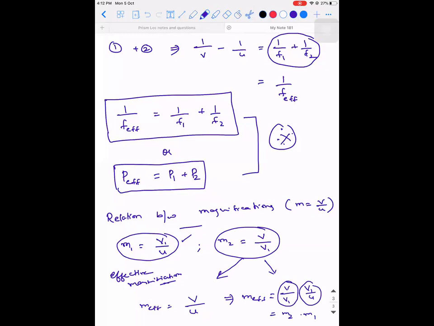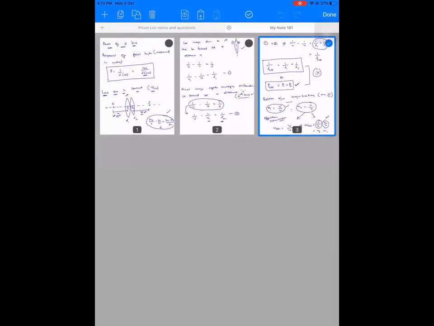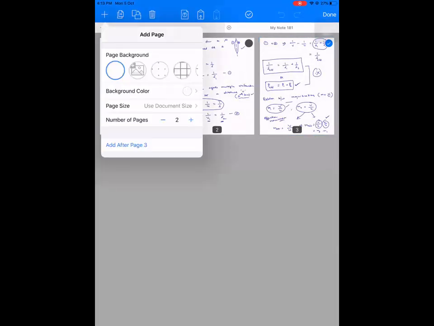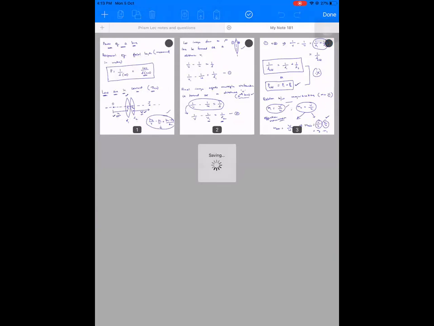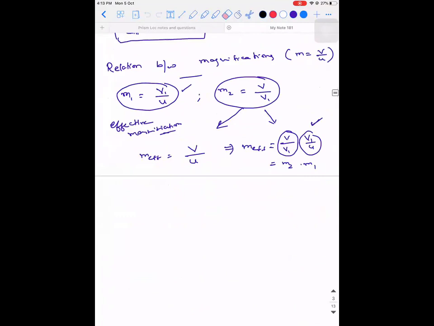When you place two lenses in contact with each other, what is happening to the power? The power is increasing. They are getting added, if you do it with a proper sign convention. But what is happening to the magnification when two lenses are kept in contact, or when you are using a combination of lenses? It does not remain the same.